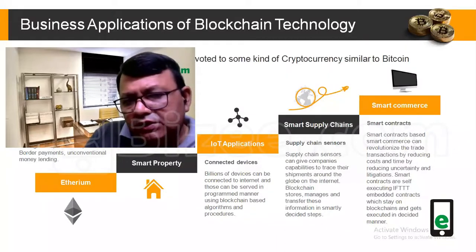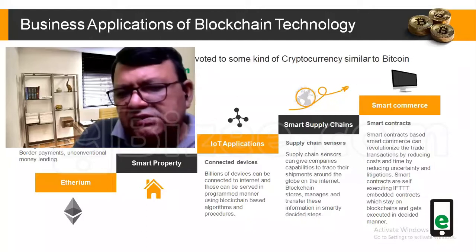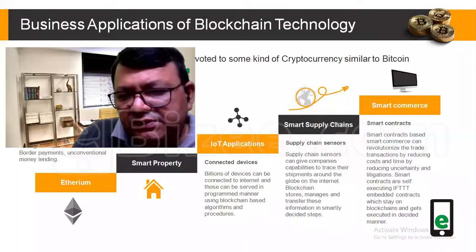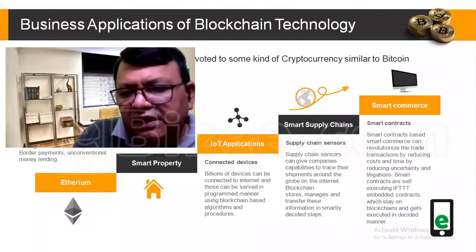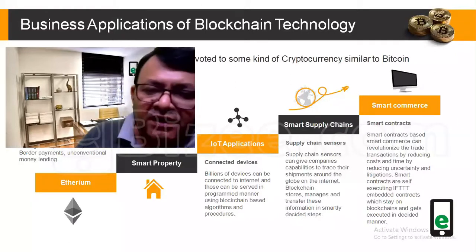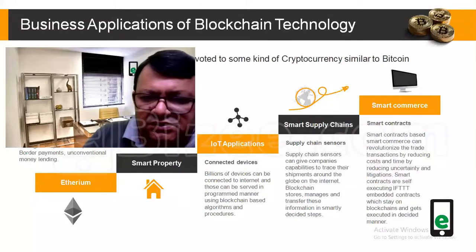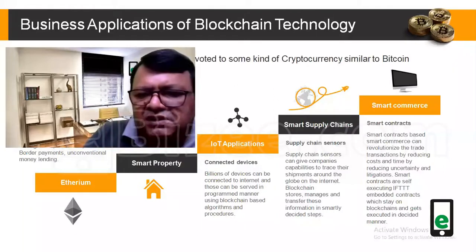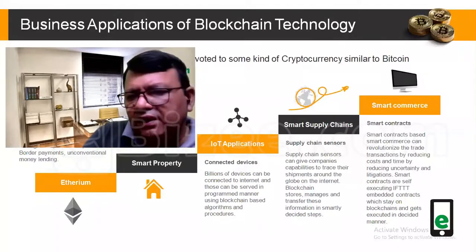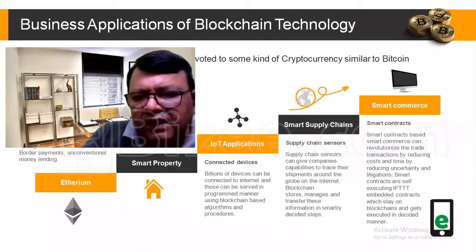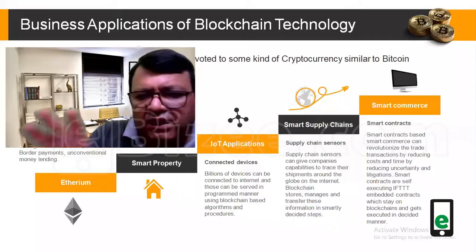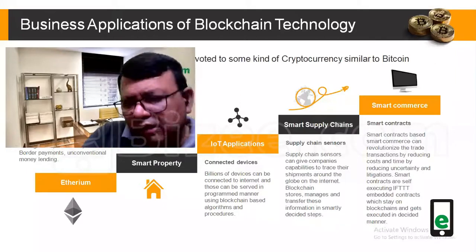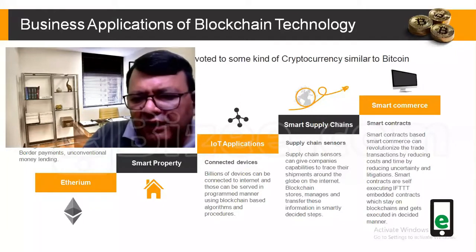Blockchain stores, manages, and transfers this information in smartly decided steps. So once these sensors are in place, they are connected through the internet, and these sensors give some data which is understandable by the cloud-based programs on the internet.